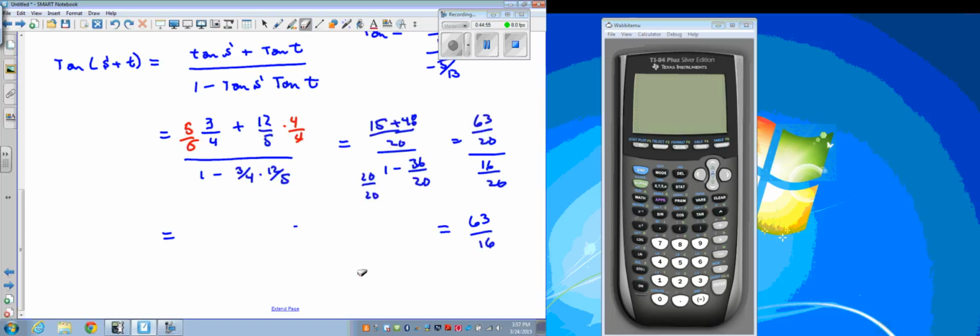The answer is 63 sixteenths, right? There's no common factors, so that should be it. Nothing goes in 63 except 3.